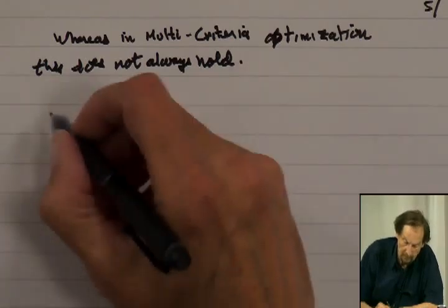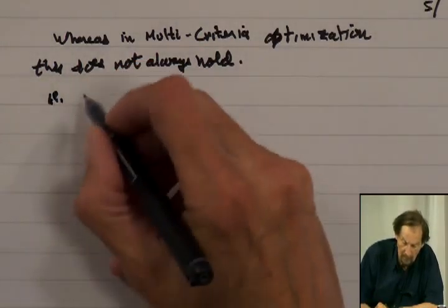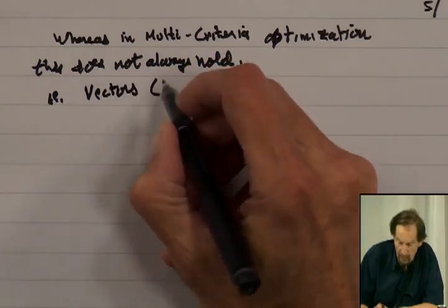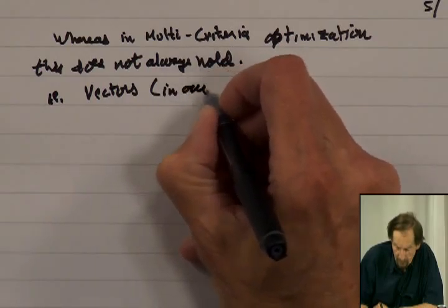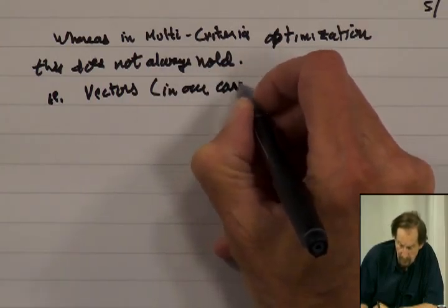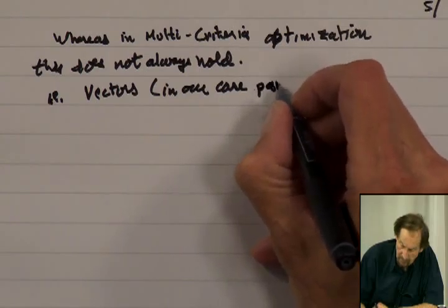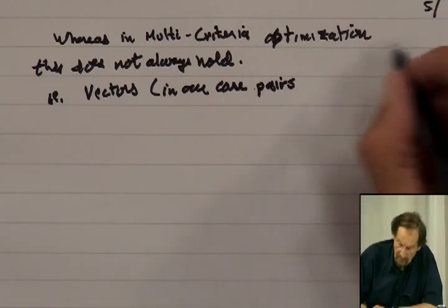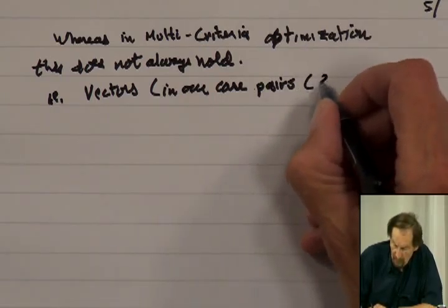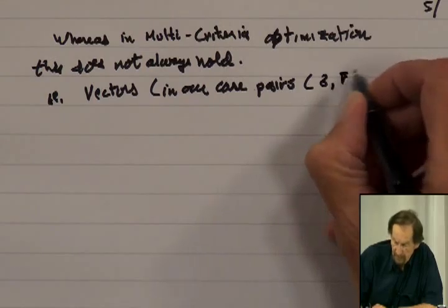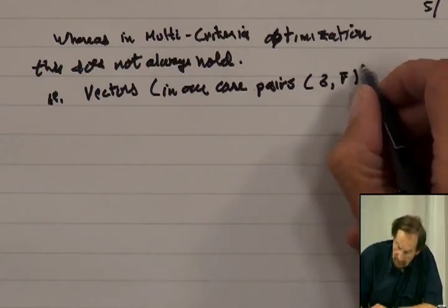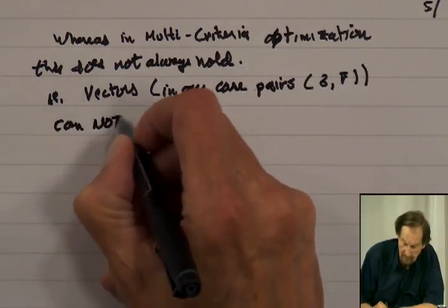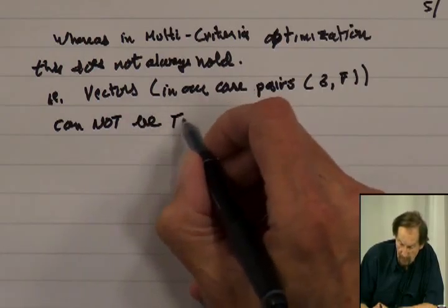In other words, vectors, in our case pairs, where our pairs will be risk and expected rate of return, cannot be totally ordered.